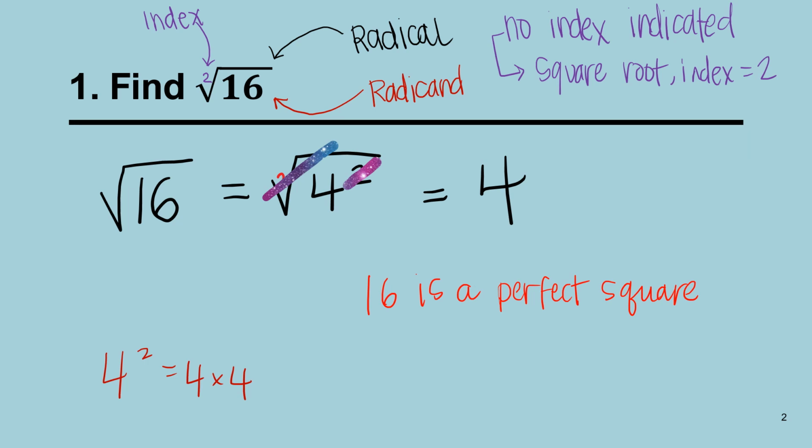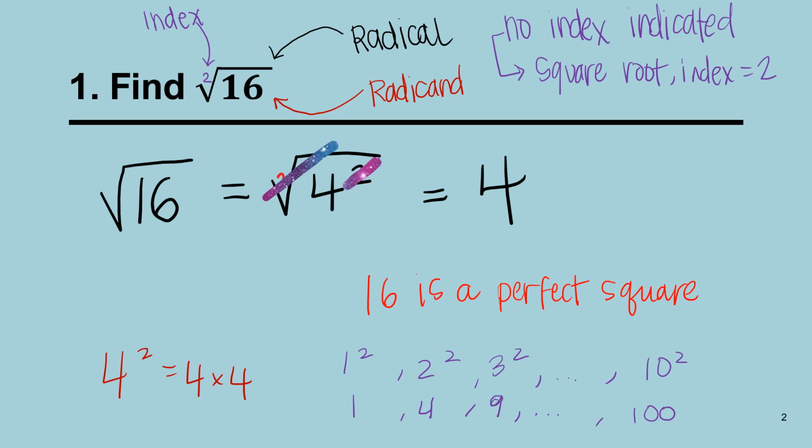So 1 squared is 1, 2 squared is 4, 3 squared is 9, and all the way to 10 squared is 100.